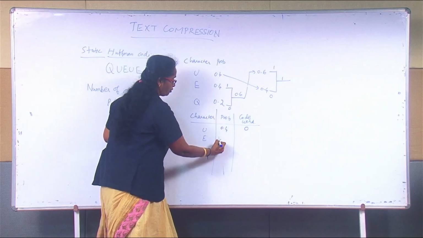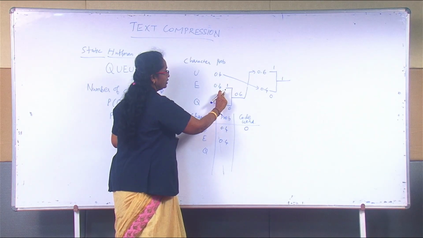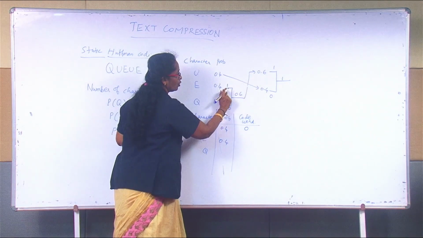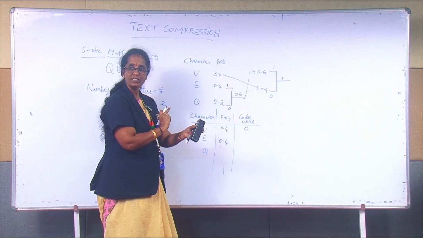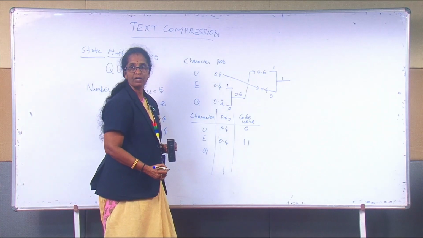And for E, the probability is 0.4. Again, you follow the path of E in the tree. At this stage, it is assigned 1, and at the next stage, you follow the path and you have assigned 1. So, you have to reverse it. So, 1 and 1. Therefore, when you reverse also, you will get 1, 1.